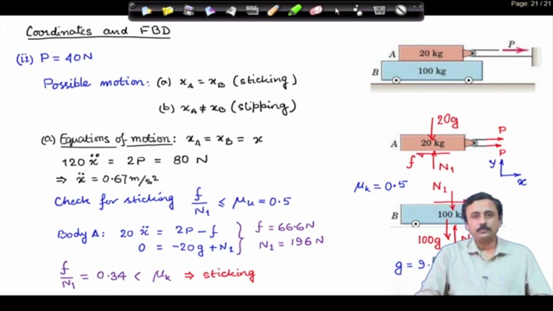If you look at this ratio F by N1, it turns out to be 0.34, which is less than mu s. Therefore, this coefficient of friction which is 0.5 can sustain this contact. That means it will stick, and therefore, our acceleration is 0.67 meters per second square, which we have determined.